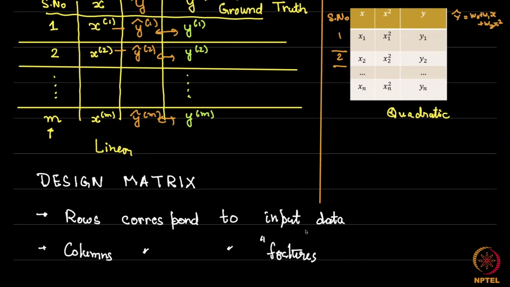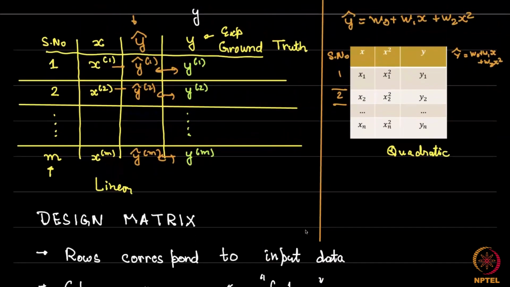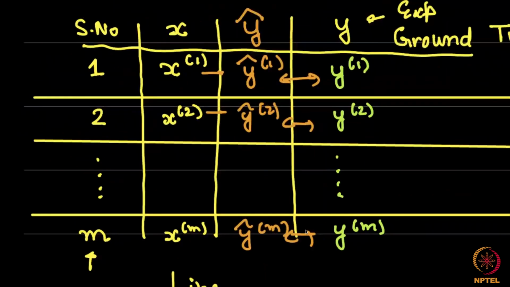Okay. For now, let's forget about this second part, which is corresponding to features, and just concentrate on input data. So if I look at this data set, the input data is purely just X. There is nothing else there.